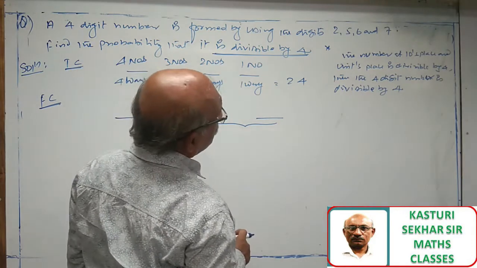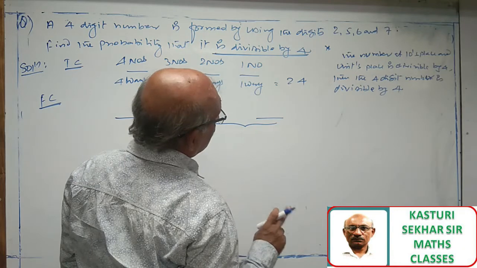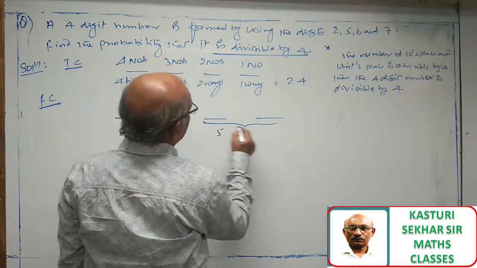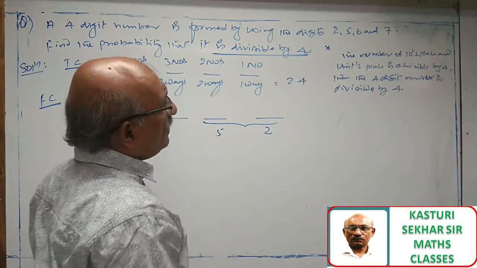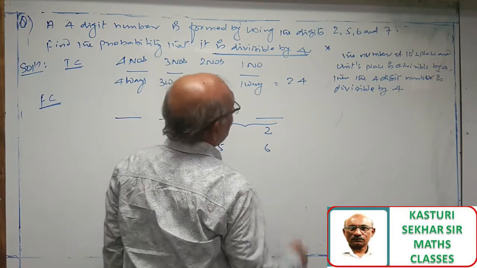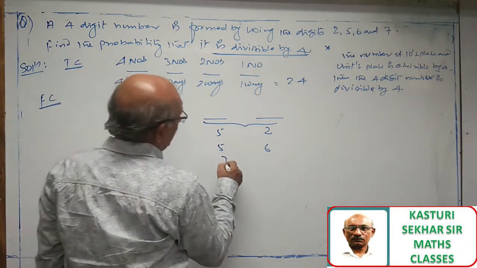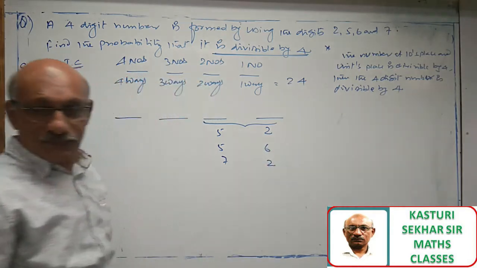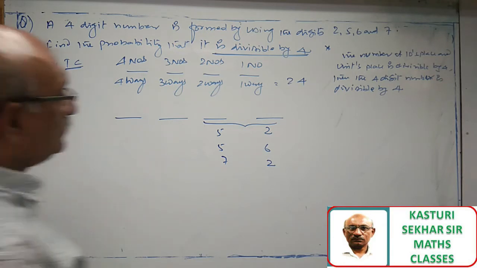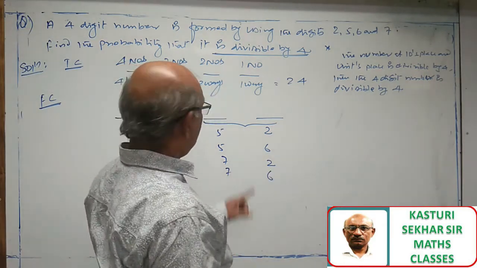Now, sir, 2, 5, 6, 7: 52 is divisible by 4, 56 is divisible by 4, 72 is divisible by 4, 76 is divisible by 4.